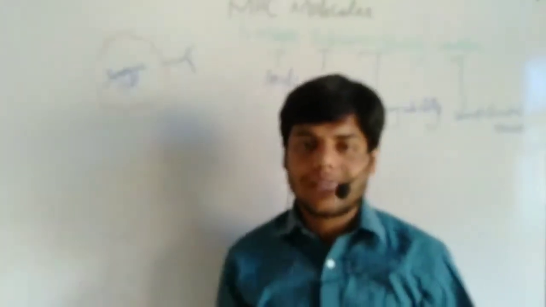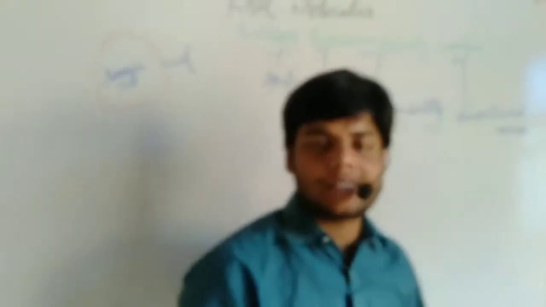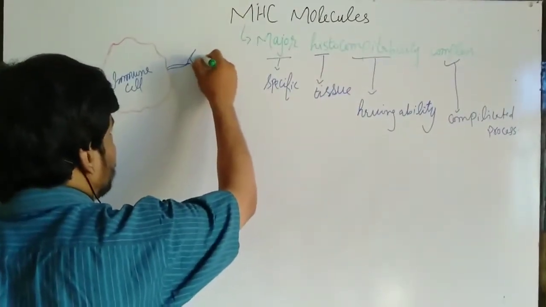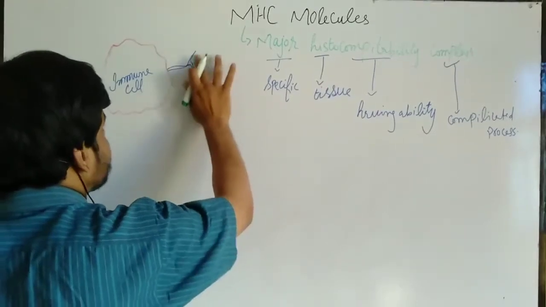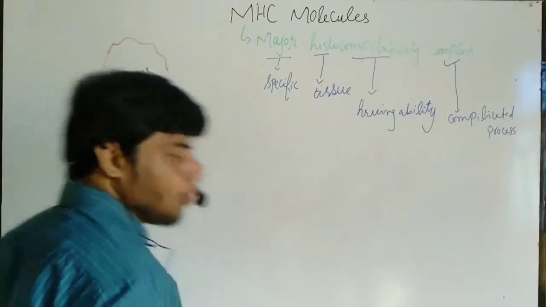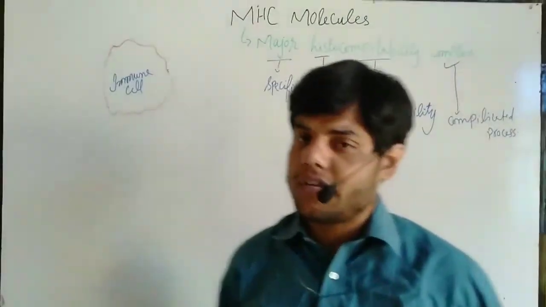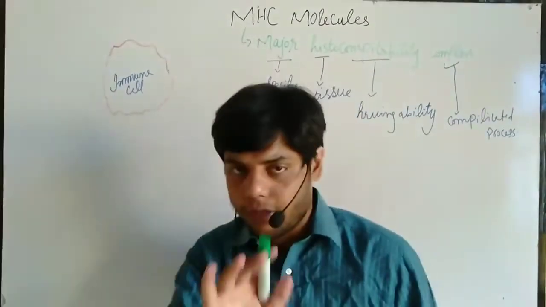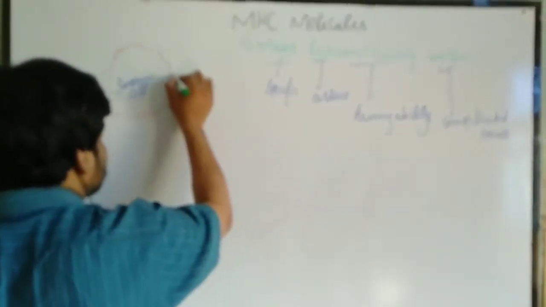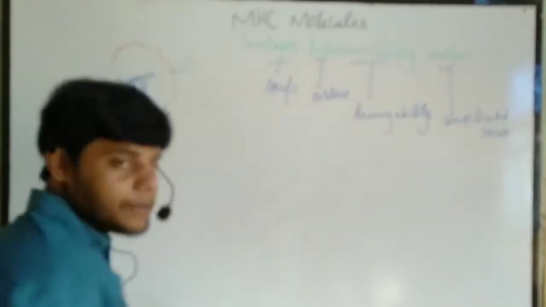Now how do they recognize the non-self antigen? Let's suppose there is an immune cell, any kind of cell that recognizes the antigen, or let's suppose we have a phagocyte in this case. It could be a macrophage, dendritic cell, or any kind of phagocyte. Let's suppose this green one represents the bacteria.